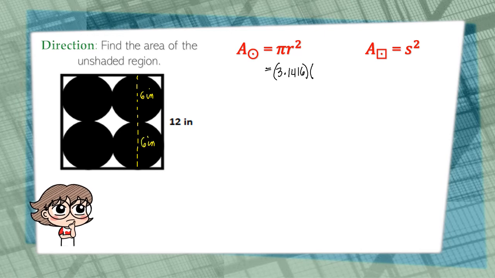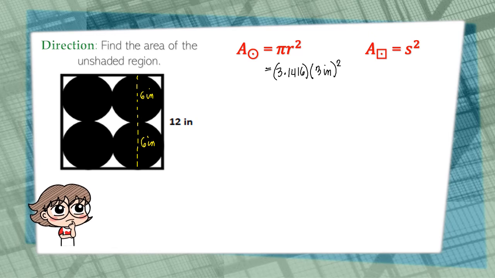But since we need the radius, if the diameter is 6, our radius that we are supposed to substitute in the formula would be half of 6, which is 3. So 3 inches. And then of course, let's put the square.